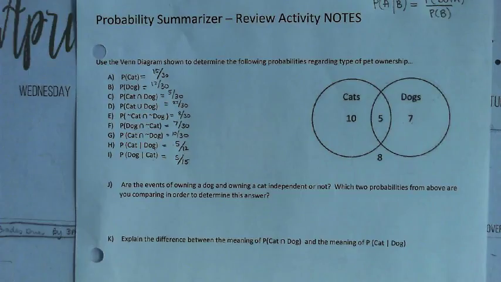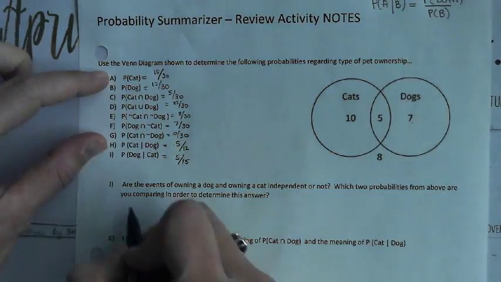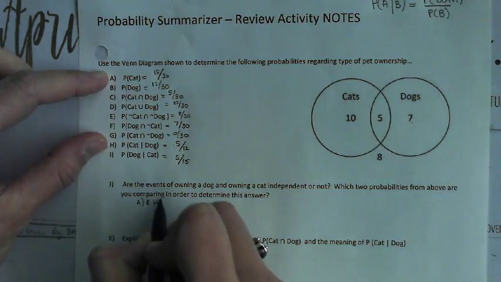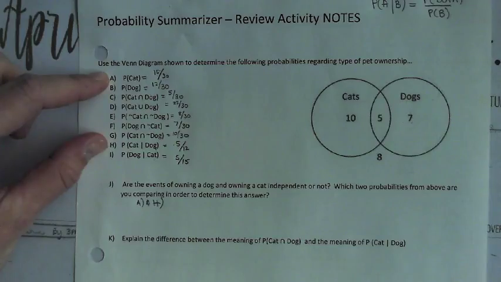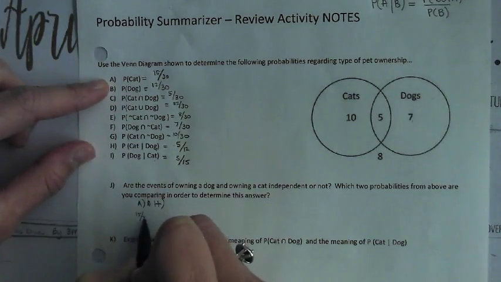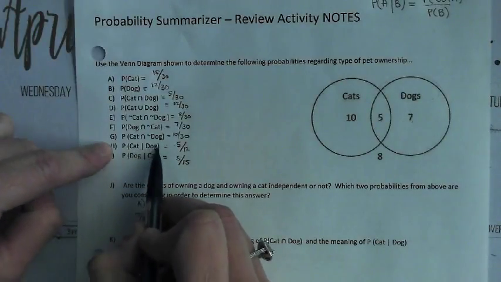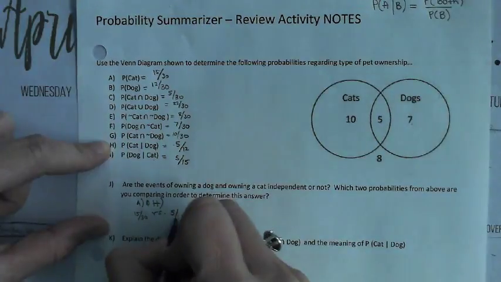There's a couple different ways of doing this. Andrew, give me one combo. Right, so A and H. Yes? So in A, the probability of a cat is 15 out of 30 versus the probability of owning a cat, given that you're a dog owner, is only 5 out of 12.